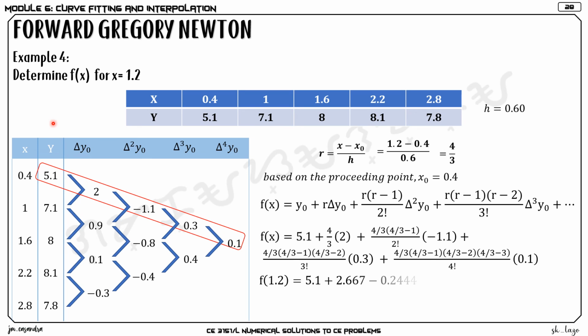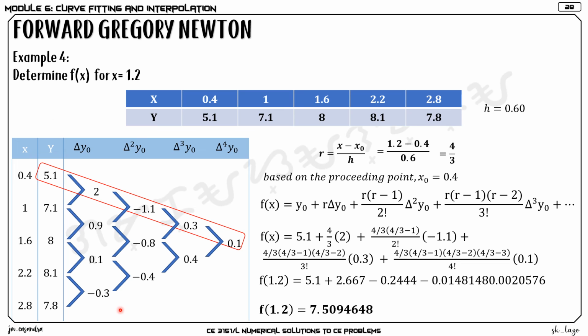So simplifying these values, we get function of x equal to 1.2 is equal to 5.1 plus 2.667 minus 0.2444 minus 0.0181 plus 0.002056. Or the function of x equal to 1.2 is now equal to 7.5094648.